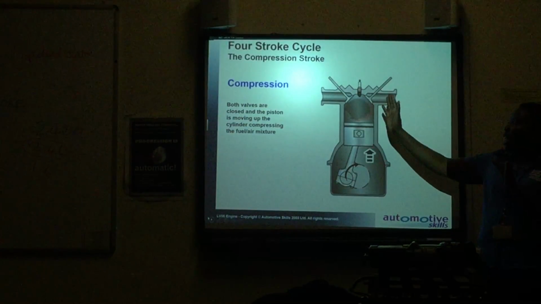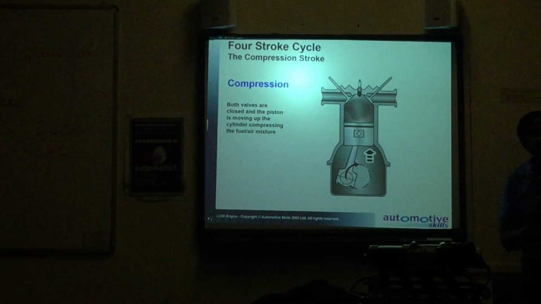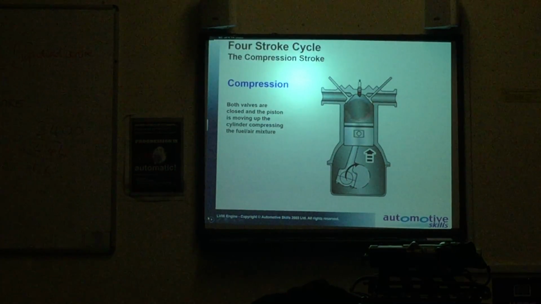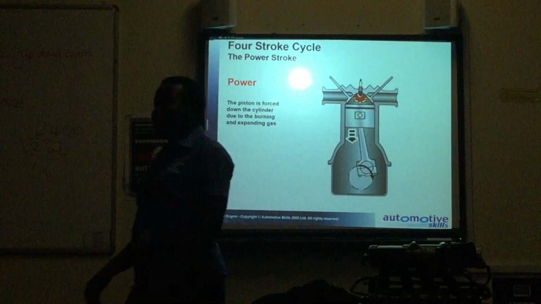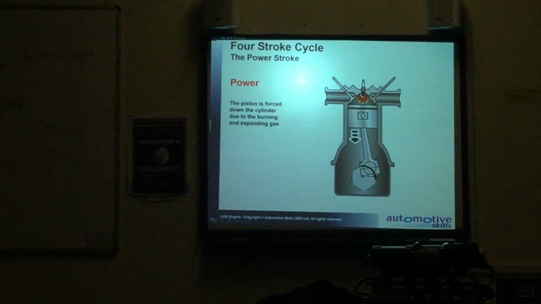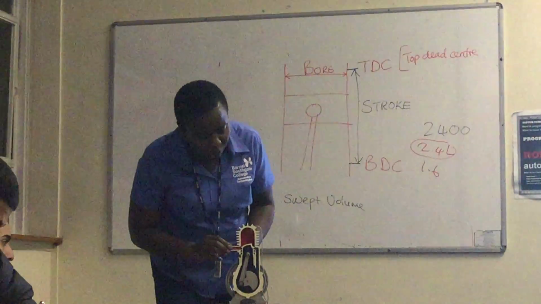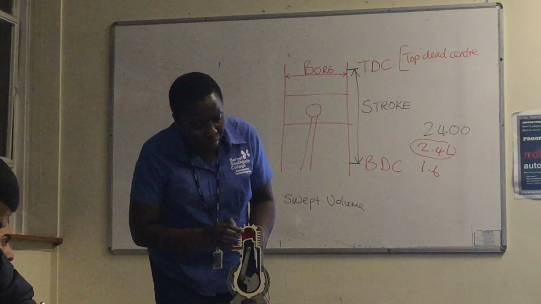If the petrol and air is compressed, the temperature of the petrol and air will rise. The pressure will also rise. Then what happens before the piston reaches TDC, going up, compressing, compressing, compressing?